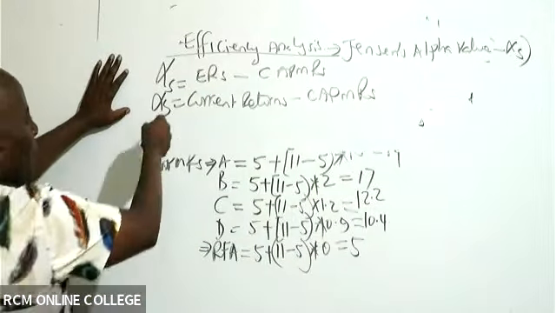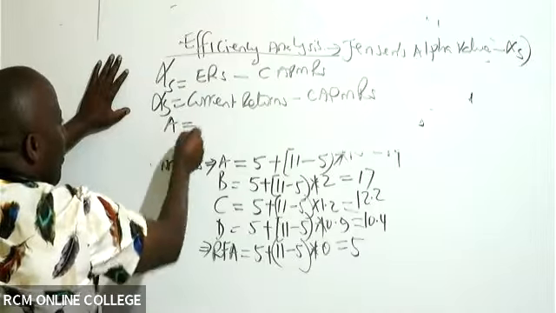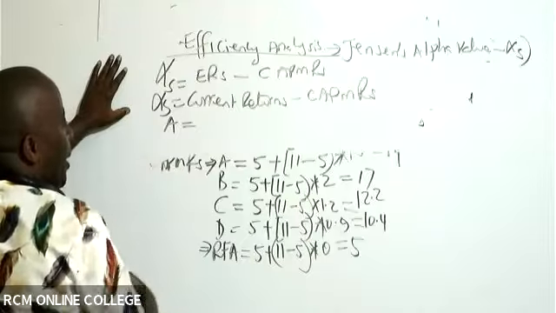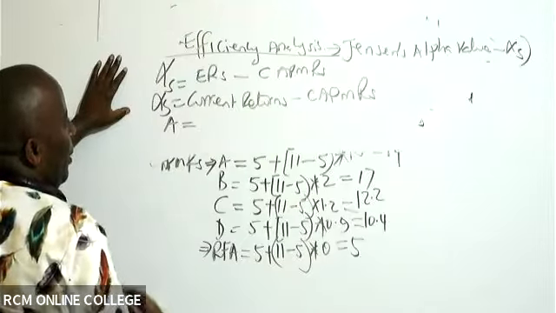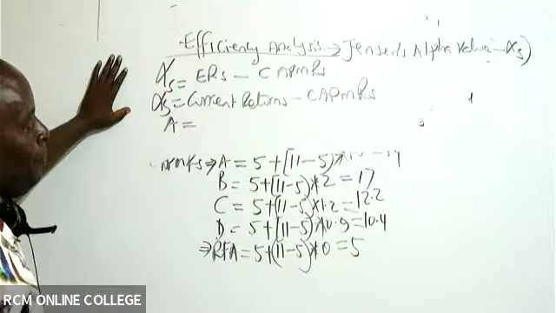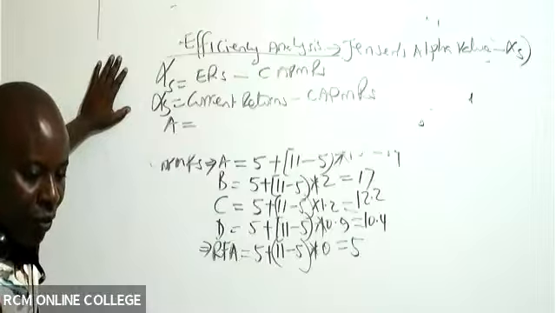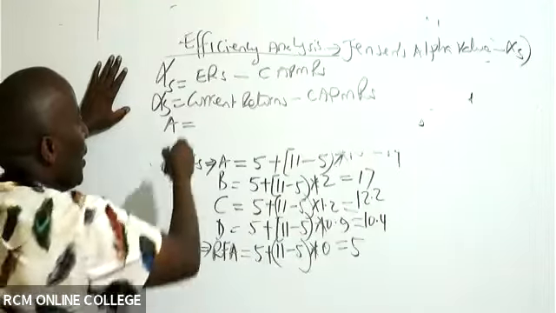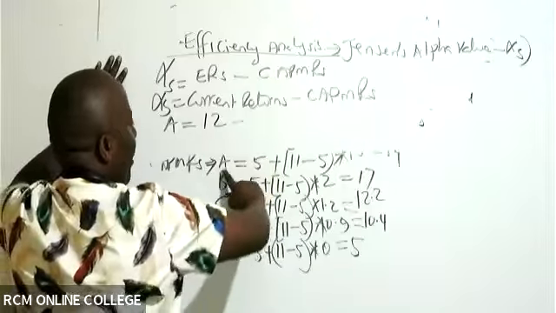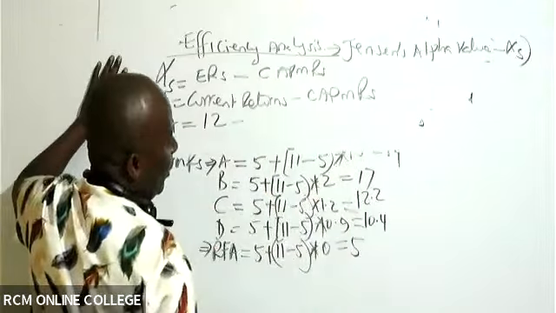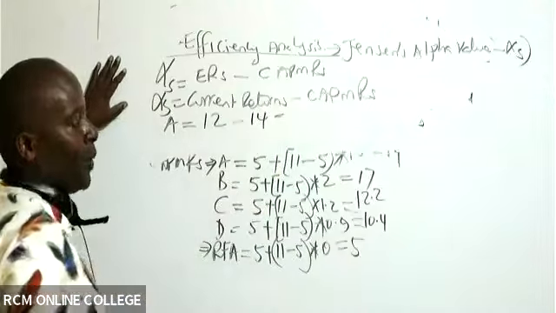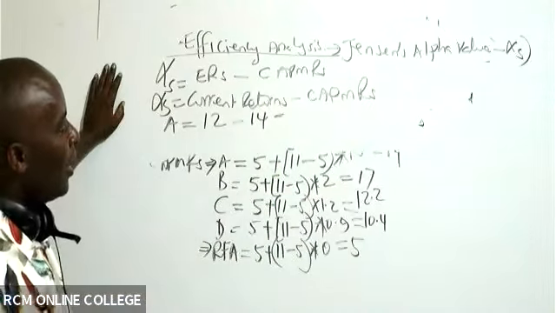So you start with A, the alpha value for A. Are you able to see the current return of A? It is 12, isn't it? So the current return of A is 12 minus the CAPM return of A, which was 14.